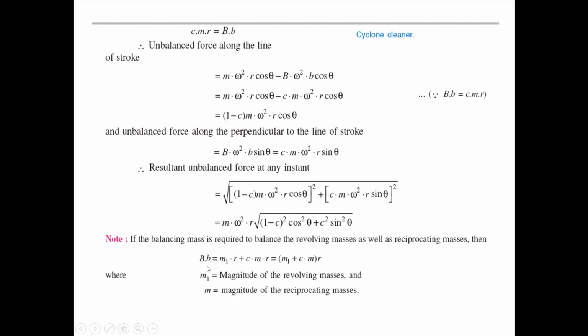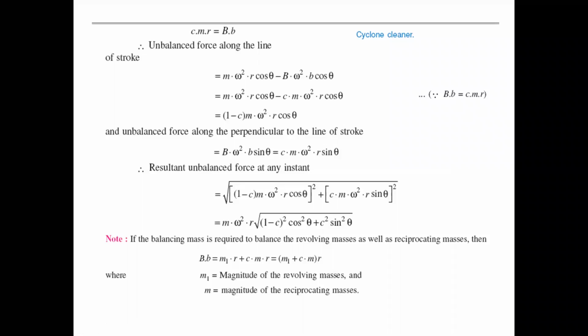Those are: capital B b equals M1 r plus c m r. So this is very important, m1 r plus c m r. That means the balancing mass is required to balance the revolving masses as well as the reciprocating masses. Here, small m1 represents the magnitude of the revolving masses, and small m represents the magnitude of the reciprocating masses.